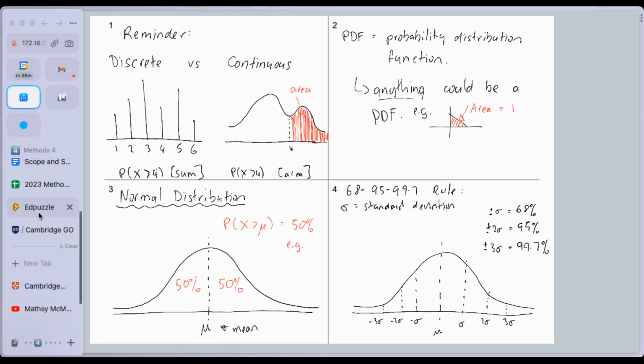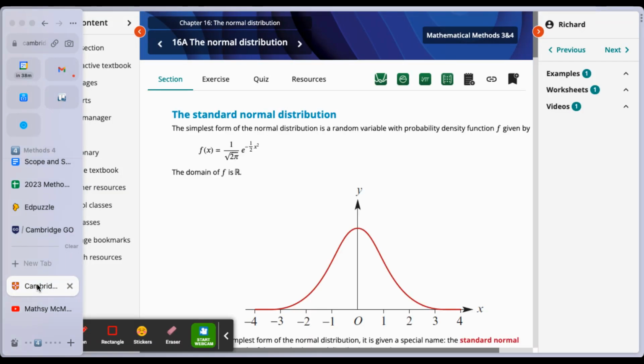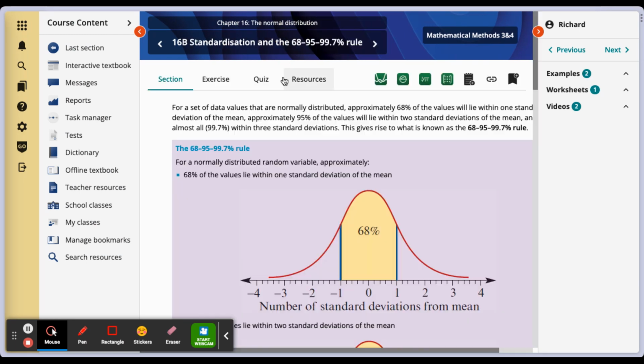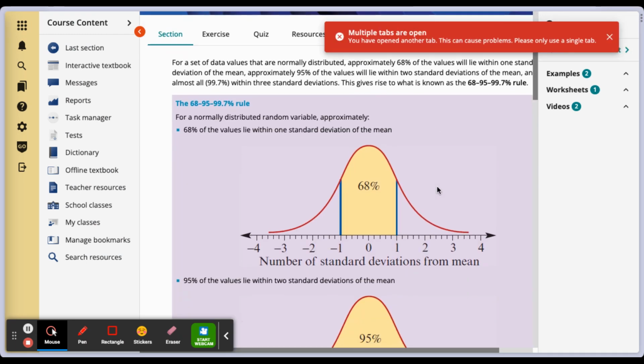Pictorially, I'm not going to draw this because they've already done it for me. Here we go.